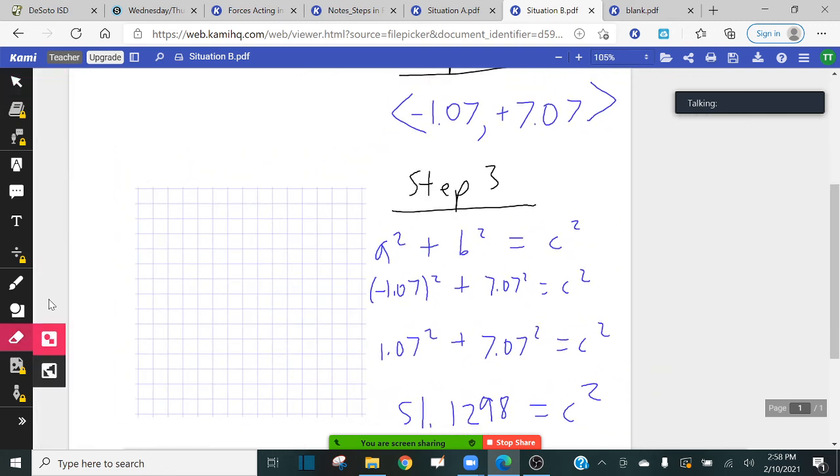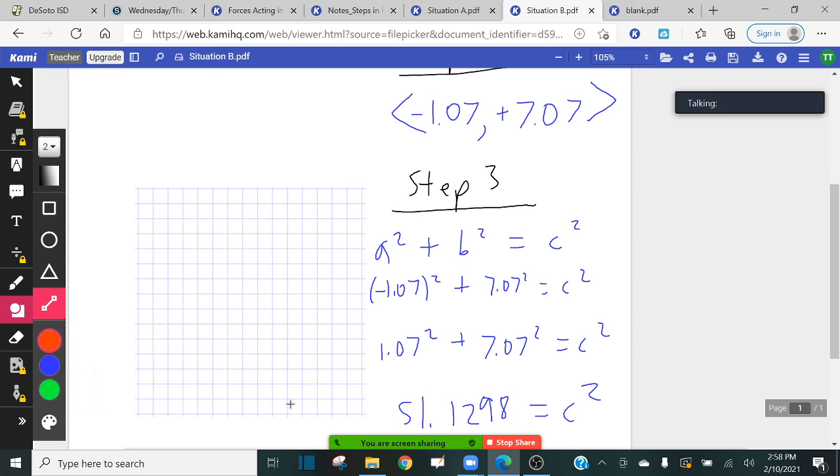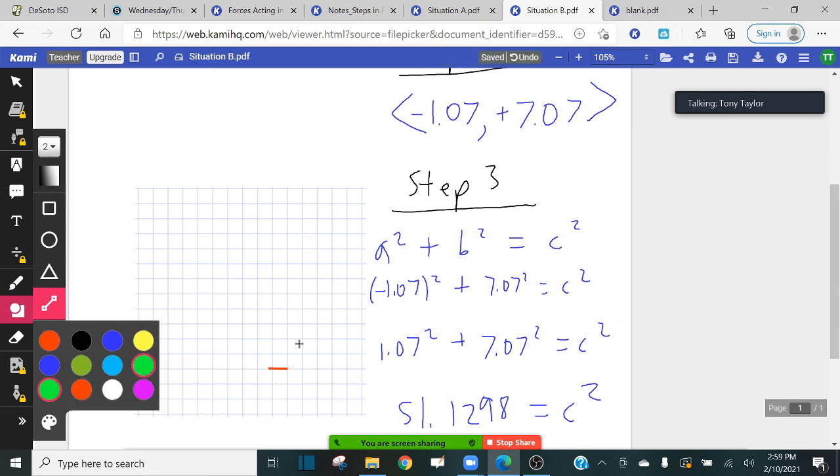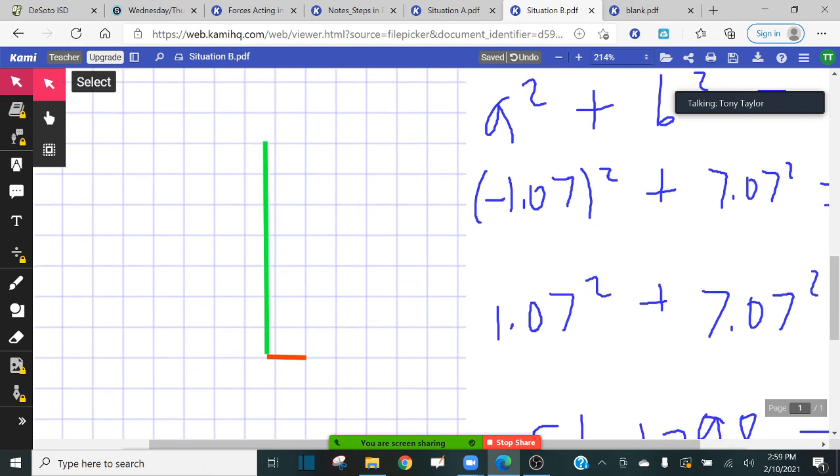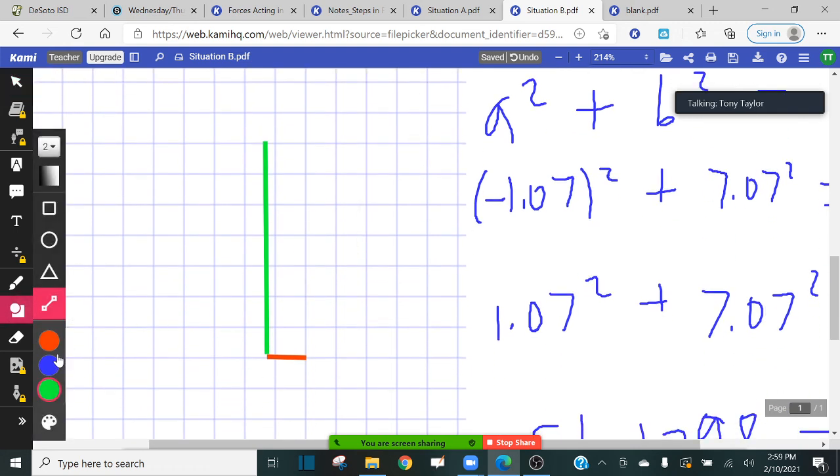1.07 to the left looks something like this. And then 7 units up would be something like this: 1, 2, 3, 4, 5, 6, 7. Okay, so if I draw my resultant vector, I would just connect my points. It will look something like this.